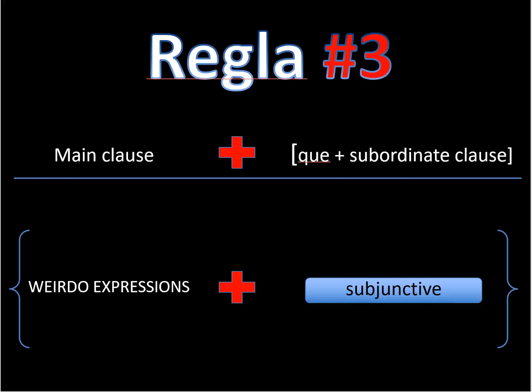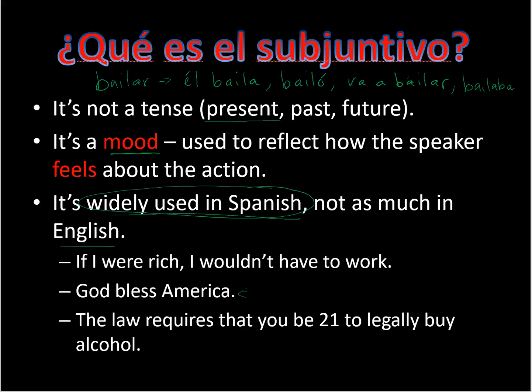Number 3, you have to have something in the main clause that produces that mood we talked about. Remember, subjunctive is a mood. All the way back to the start, subjunctive is a mood used to reflect how the speaker feels about the action.